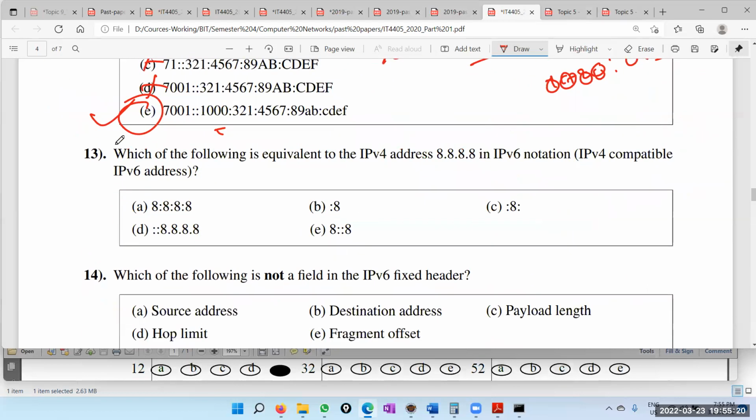13. Right. So this is also some important question, popular question. That is, now remember we have the old IPv4 addresses and new IPv6 addresses, and they now coexist. We are in a transition.